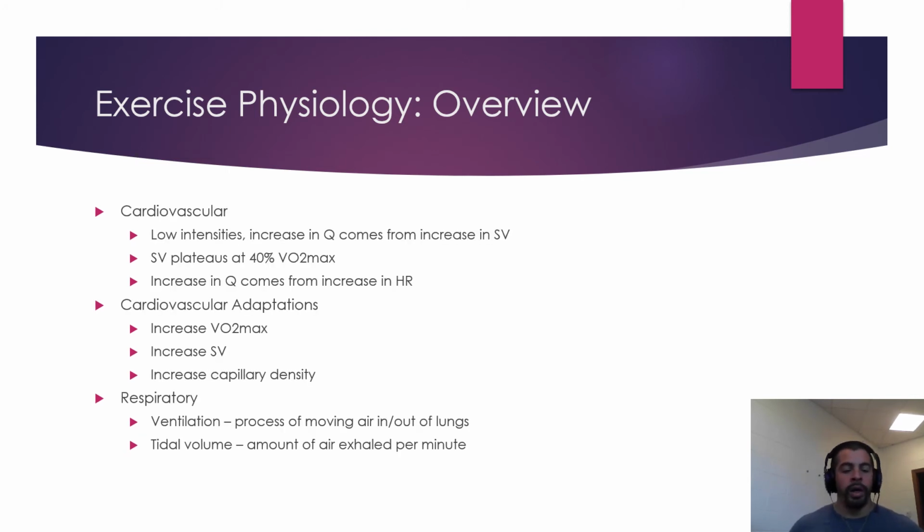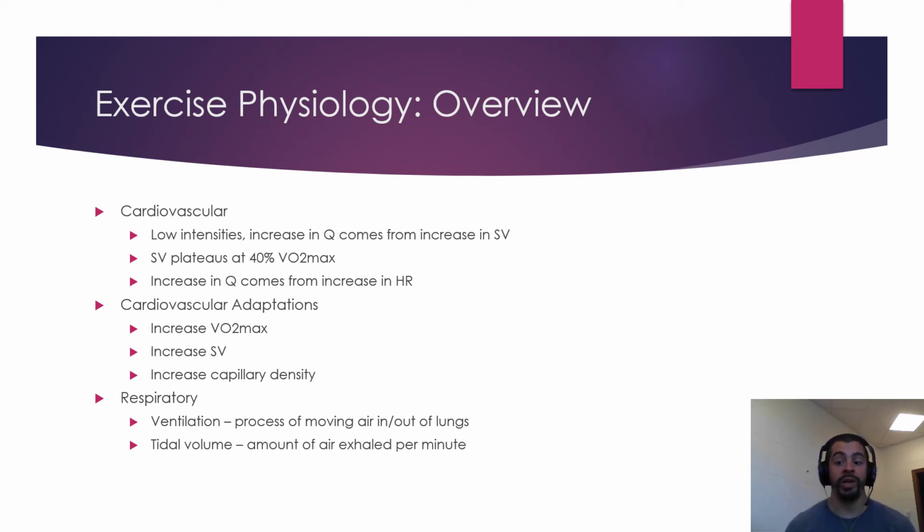Okay, so in training, at low intensities, the increase in cardiac output is primarily from an increase in stroke volume. All right, so let me repeat that. Our cardiac output is the amount of blood pumped per minute. So how do we increase that?